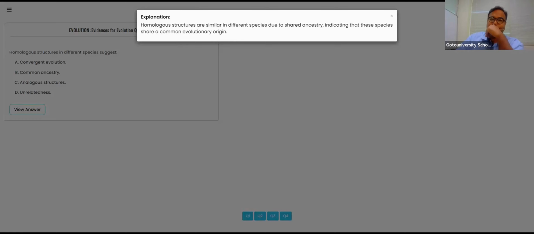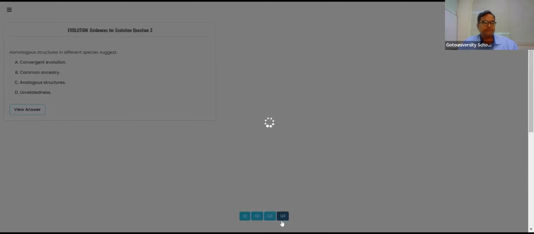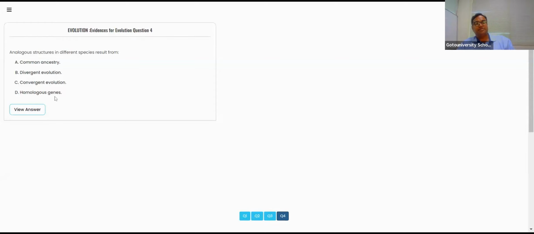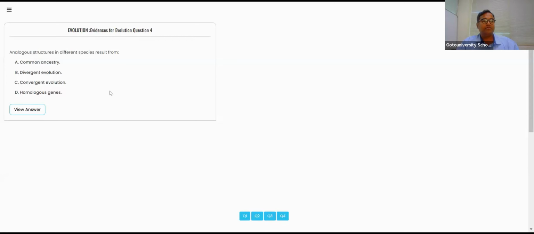Anyone of you having any doubt? Analogous structures in the different species form from convergent evolution.